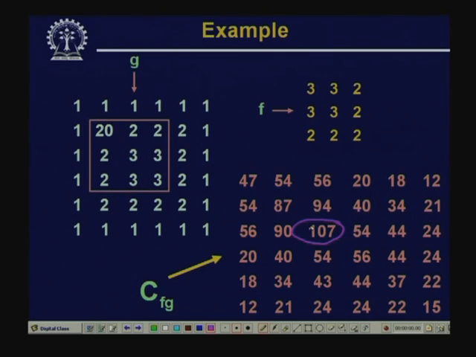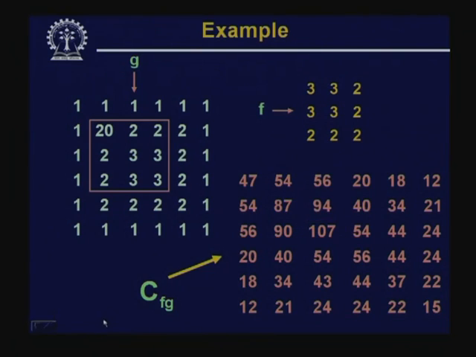And because of this, it gives a false match, that it appears that the template is matching the best in this particular location, as shown by this red rectangle. But that is not the case, because by checking it visually, we can see that the template is best matched in this location. So, that is why we said that the cross correlation measure directly cannot be used as a similarity measure.